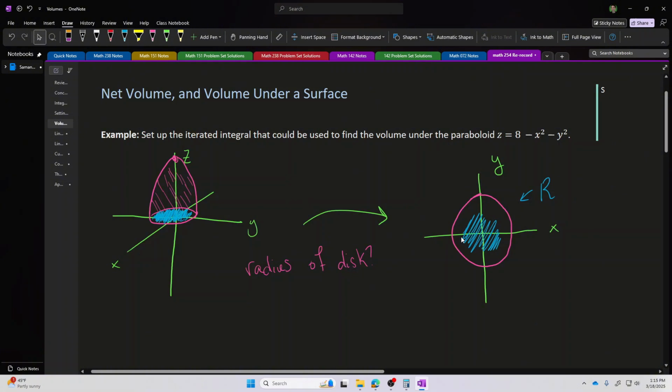So to understand what the radius of my region of integration would be, I'm going to start by thinking about where this paraboloid is intersecting the xy plane. That's going to give me information about this circular rim of the disk down here in the xy plane.